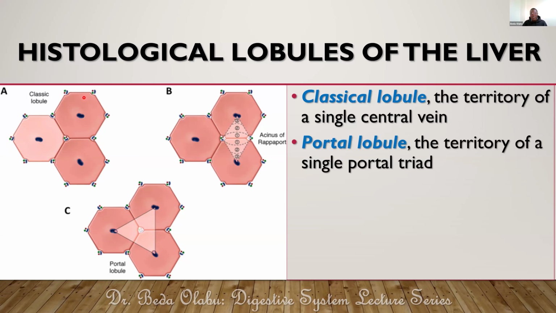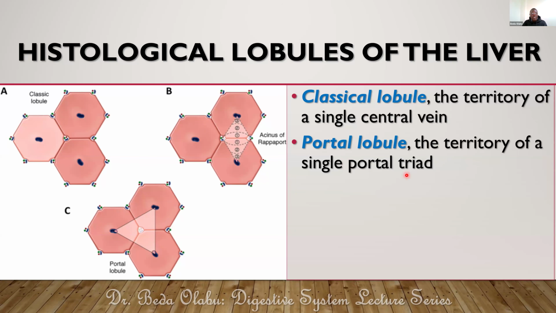Yet we have another one, which we call the portal lobule. The portal lobule is a triangle whose center is a single portal triad, and corners are the central veins. So what can we say is a portal lobule?